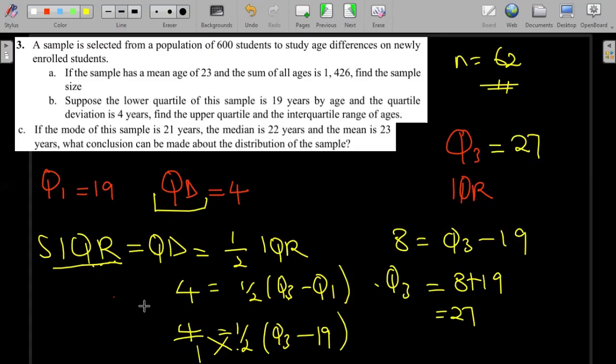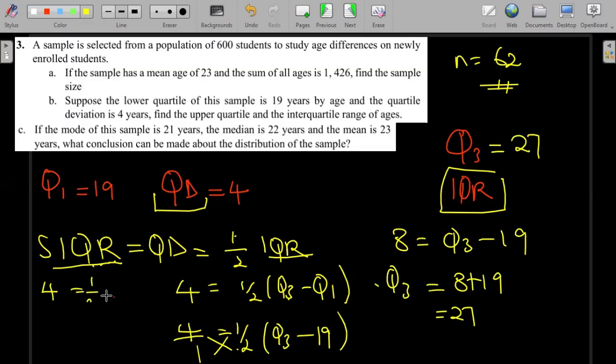My Q1 is 19, so I can find the interquartile range. Or if you wanted, even without finding the Q3, you can still find the interquartile range. Because here, I have 1/2 the interquartile range equal to the quartile deviation, which is 4.